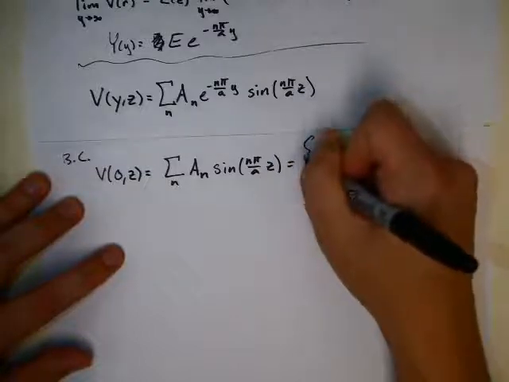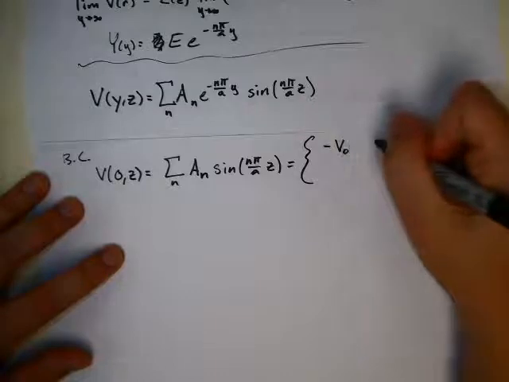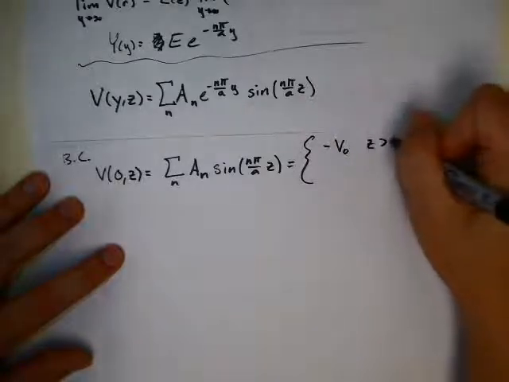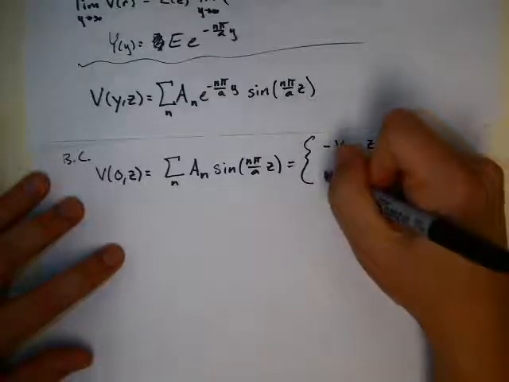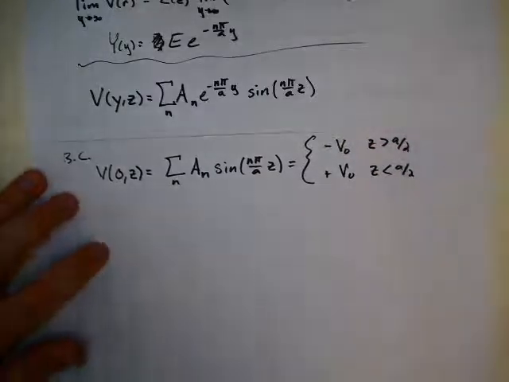And this must equal the piecewise function that we had before. We're at minus V naught for z greater than a over 2, and we're at plus V naught for z less than a over 2.